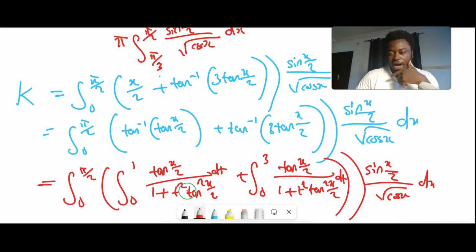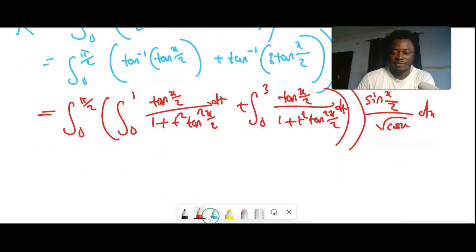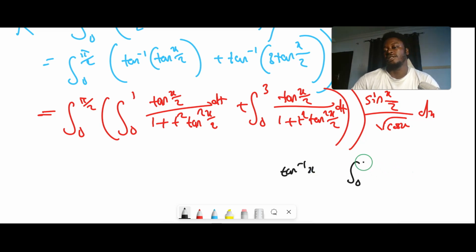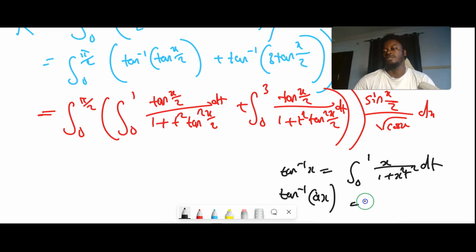Now you may be confused, why bring up another complication? Well, like I tell you, we thrive in complications. You must learn how to accept complications if you do math, and this is obviously the formula that tan inverse of x is equal to the integral from 0 to 1 of x over 1 plus x squared t squared dt, and also tan inverse of ax equals the integral from 0 to a of x over 1 plus x squared t squared dt.